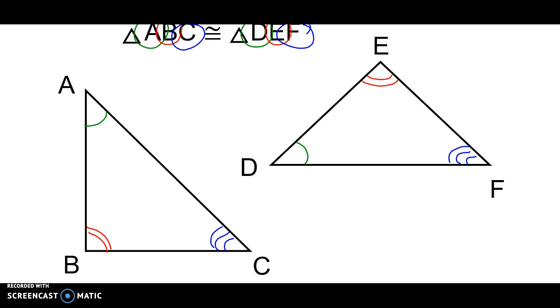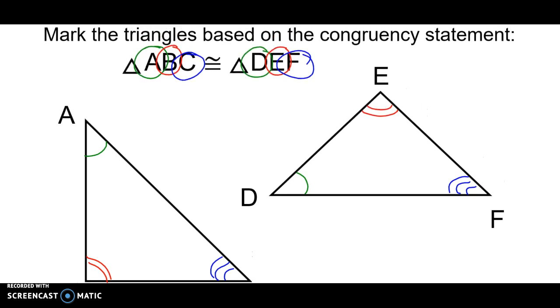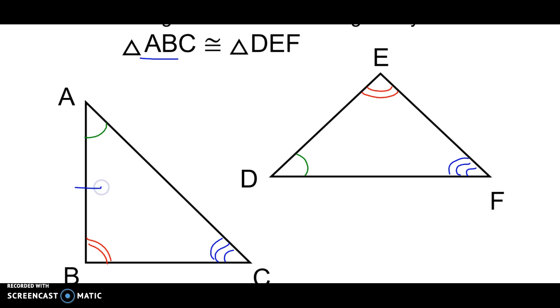That's the 3 angles. But there's also 3 sides, right? So now we need to go back and double check our sides. So segment AB, tick mark, is congruent to segment DE. So DE has 1 tick mark.